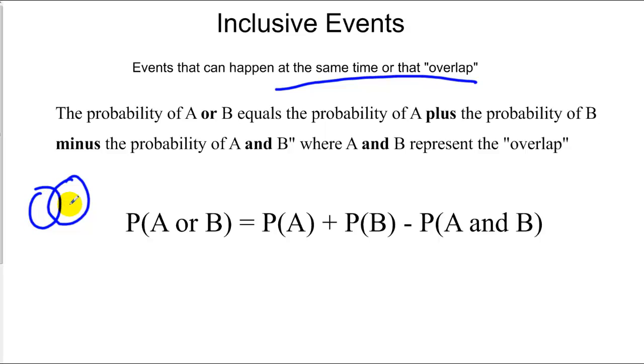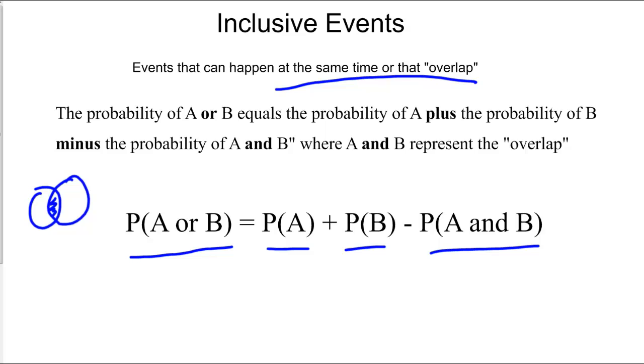We could have 2 things occurring, but a group of things in both of those two sets. Well, if you included that number that was in the two sets twice, you would have more items than actually exist in your picture. So if we have inclusive events, once again, and we want to find the probability of one event or another event happening, we add those two probabilities and subtract off the overlap.